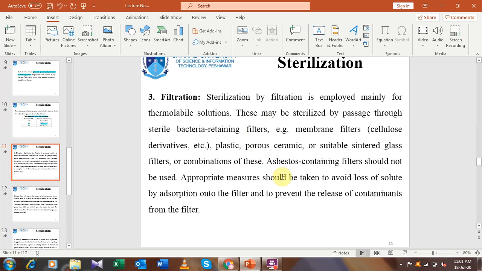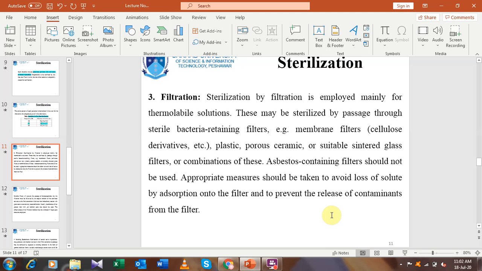Asbestos-containing filters should not be used, and we have discussed this point in the filtration chapter in the 7th semester. Appropriate measures should be taken to avoid loss of solute by absorption onto the filter and to prevent the release of contaminants from the filter.